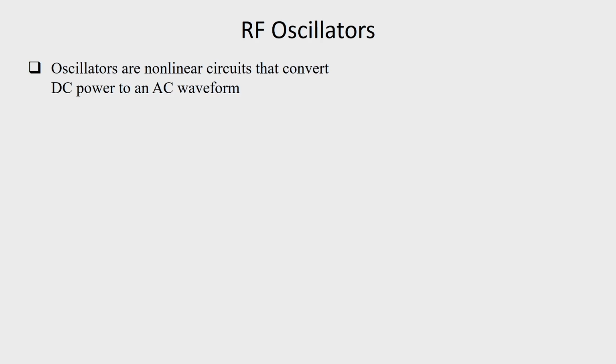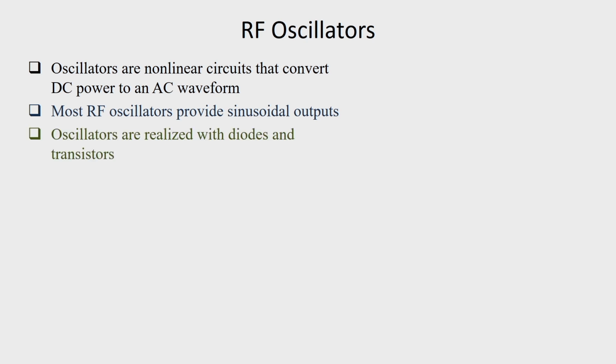We start a new topic, RF oscillators. Oscillators are nonlinear circuits that convert DC power to an AC waveform. Most RF oscillators provide sinusoidal outputs.